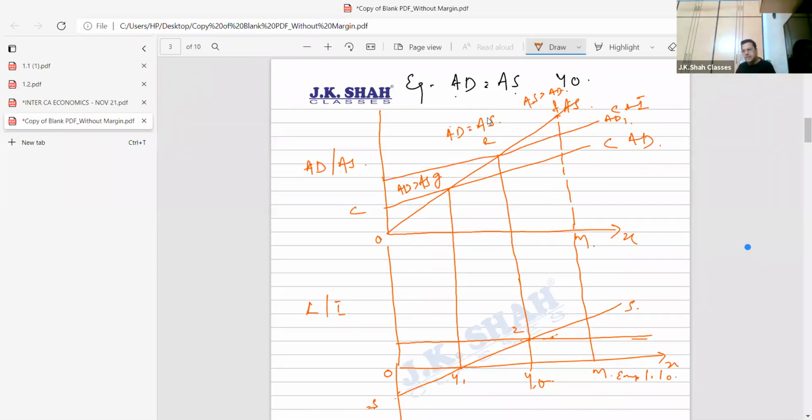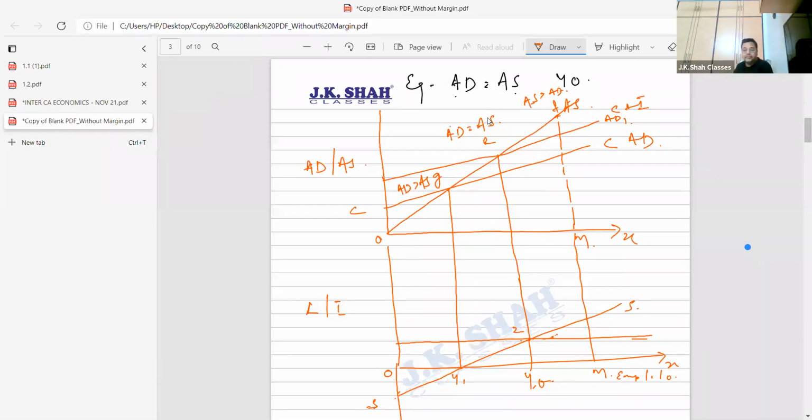This demand may be by consumers for consumer goods and by producers for capital goods. Understand? Capital goods, right there in brackets, I. Capital goods is basically investments. Please remember that.